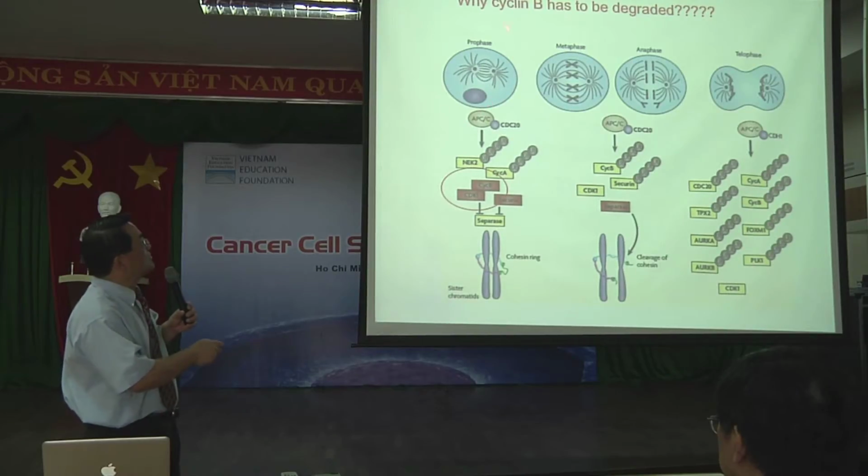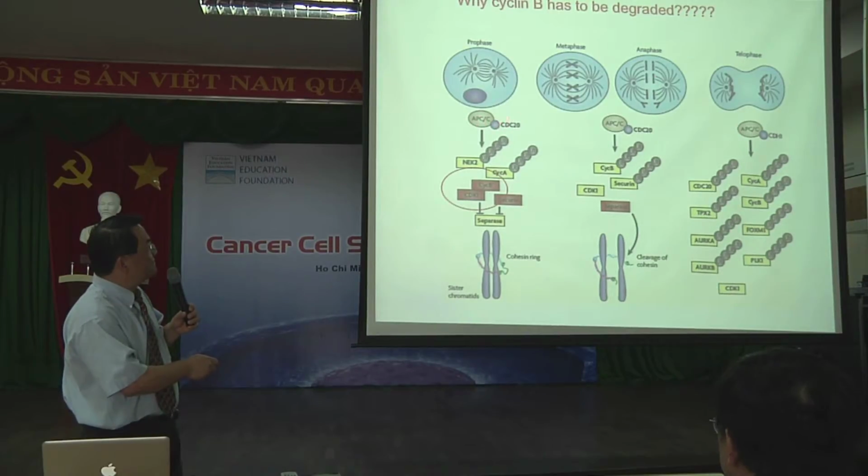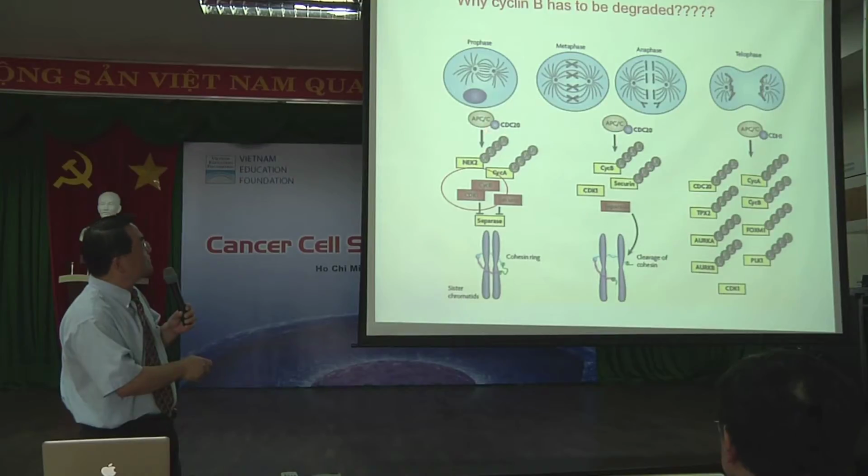So let's take a look. At the prophase, the APC complex, with CDC20 as adapter, will start working on the cyclin B.